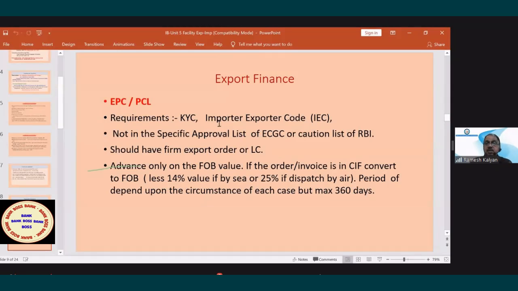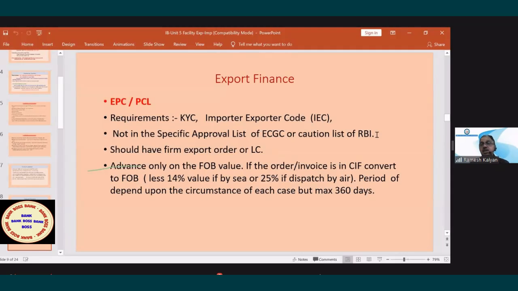What is due diligence? That depends on a case-to-case basis. For any advance when a party comes, there are two things we have to verify. They should not be in the specific approval list of ECGC. ECGC will be cautioning about defaulted customers, suppose NPA parties and all; they would already have cautioned. Only after getting approval can we give. Then the caution list of RBI.